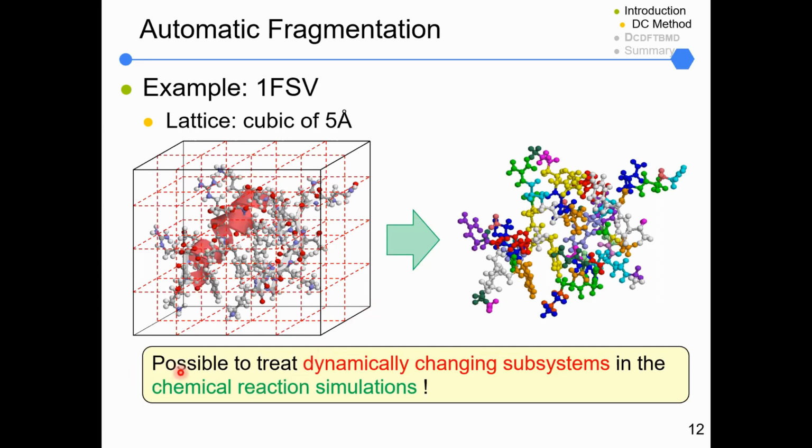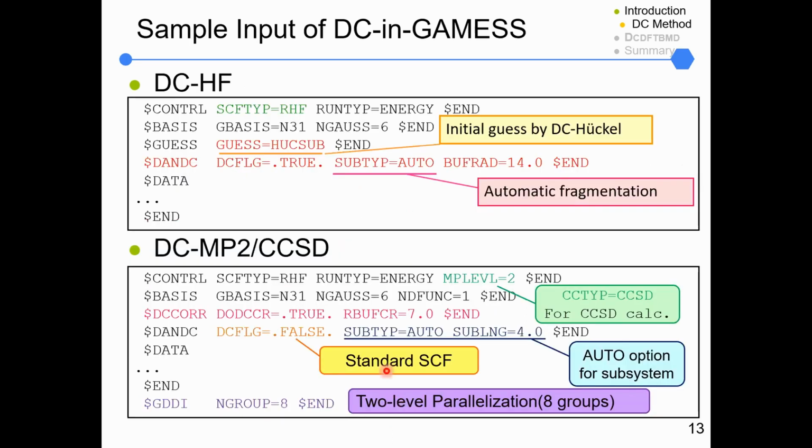This automatic fragmentation technique makes it possible to treat dynamically changing subsystems in chemical reaction simulations. So this shows a sample input of DC Hartree-Fock and DC-MD2. So users only add the $DC and $DCCALL name list and some parameters. Here, subtype equal auto corresponds to the automatic fragmentations.